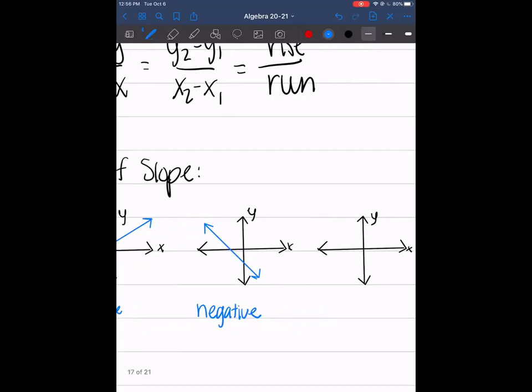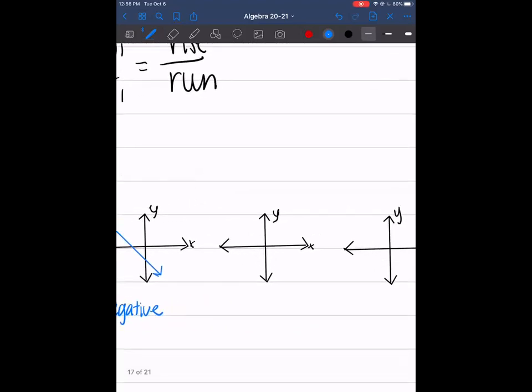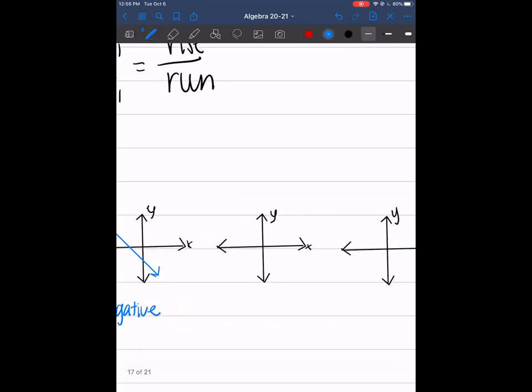Now, that's not the only directions that they can go. We can have some that look like this. And this is a zero slope or no slope because there is no change of y.